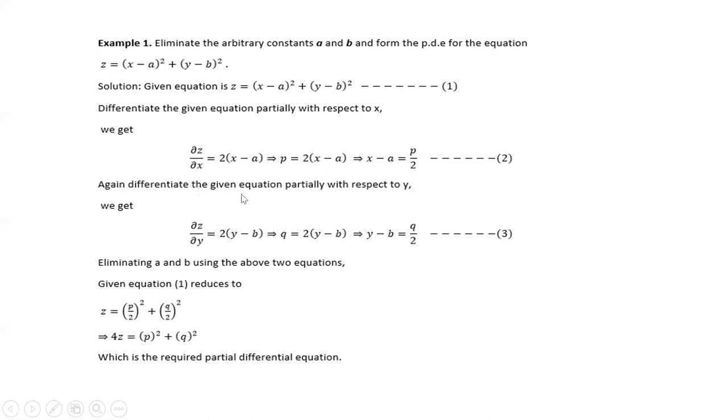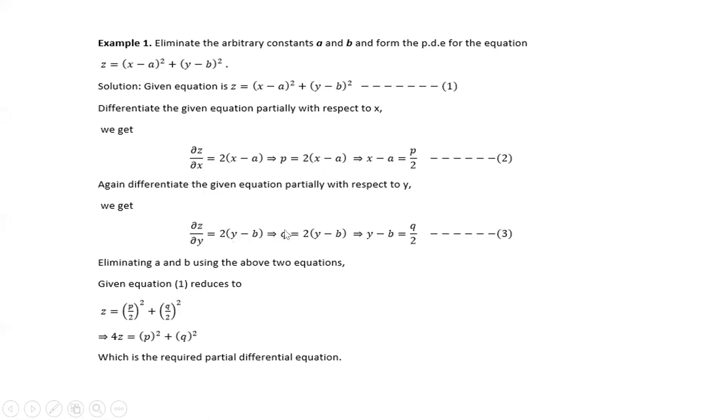Now we once again differentiate the given equation partially with respect to y. So just like we did before, we differentiate z partially with respect to y. We write it as ∂z/∂y equal to 2 times (y minus b). Remember, the x term is treated as a constant, so only the y term exists.